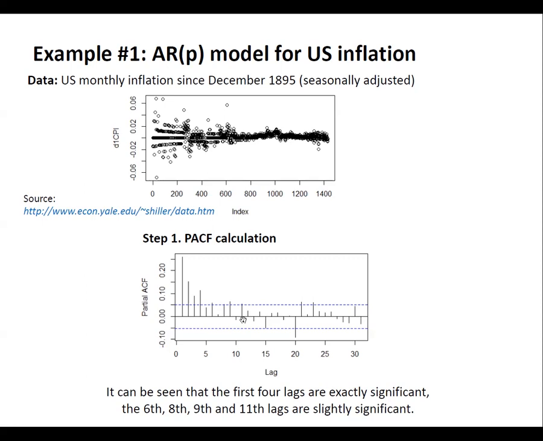AR11, that is here on the verge of this significance, we have some alternatives. This is a very important choice of the researcher, what we need. AR4 for sure, AR6 questionable, AR9, AR11. Here are the alternatives.